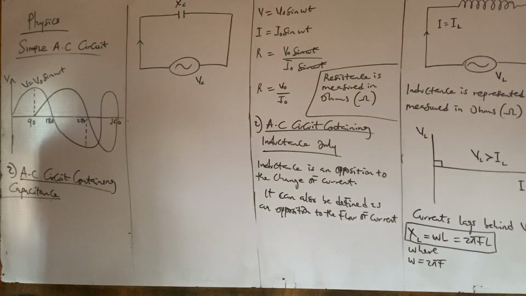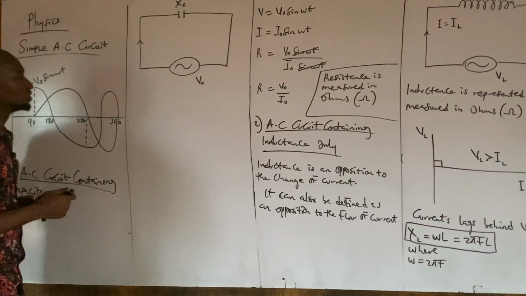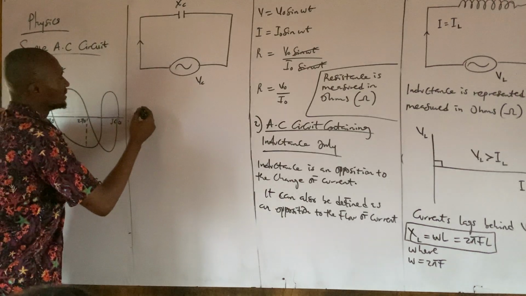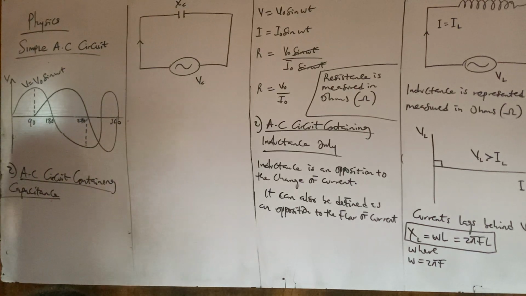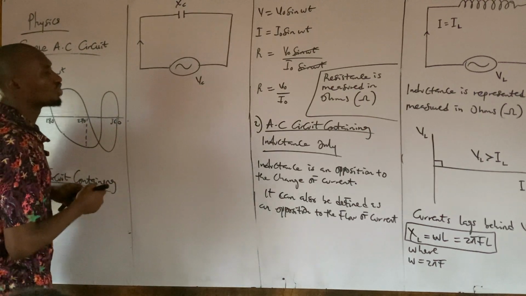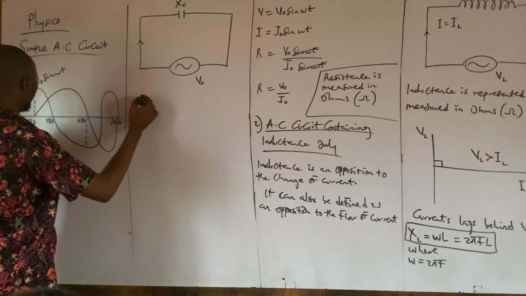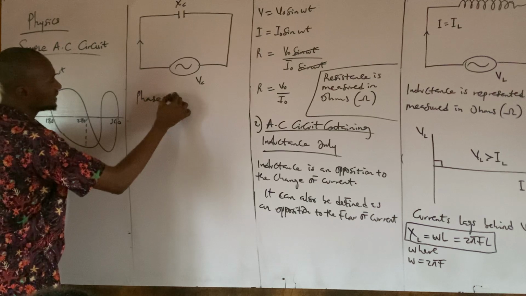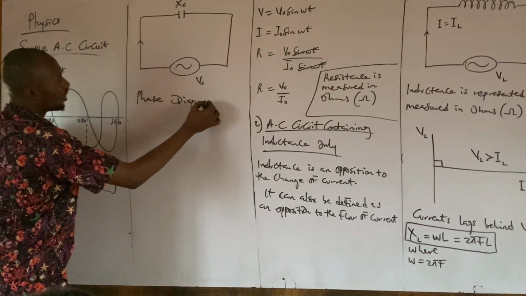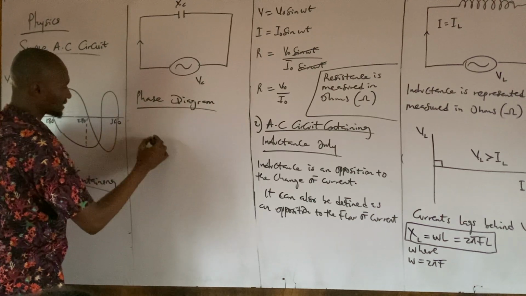So here we can say that, based on the phase diagram, voltage lags behind current. The phase diagram of an AC circuit containing capacitance.